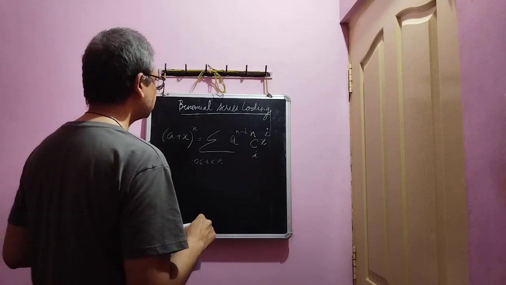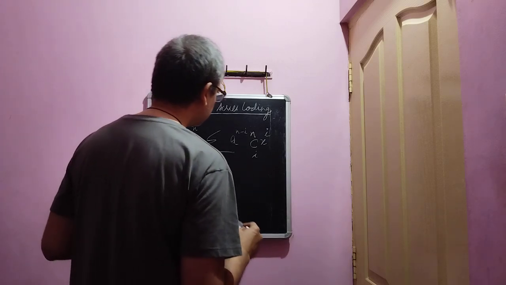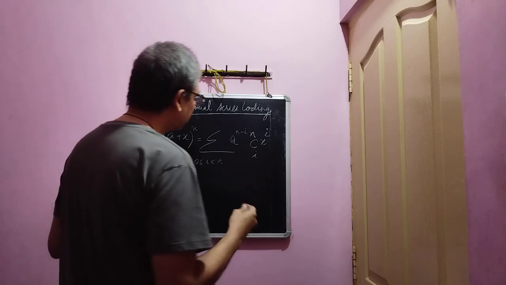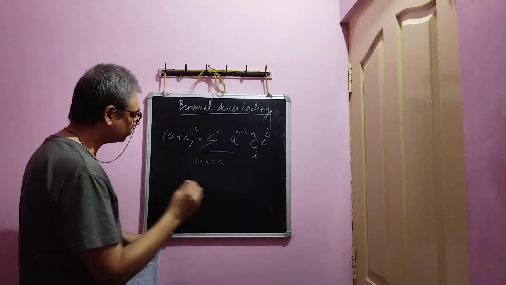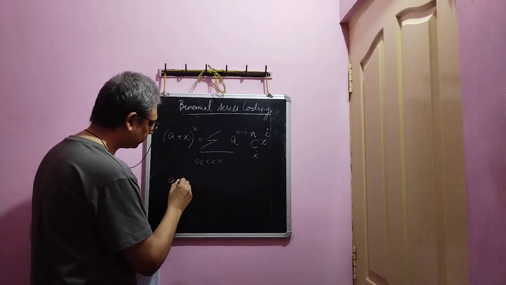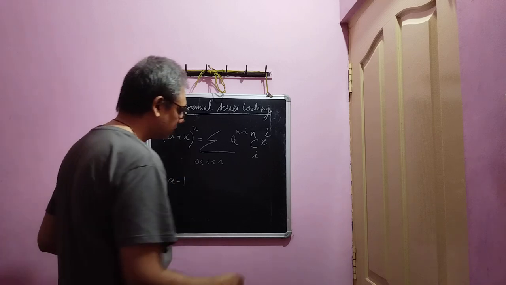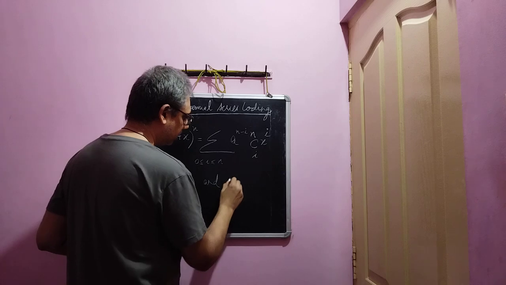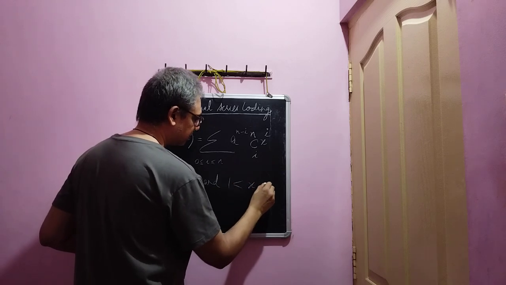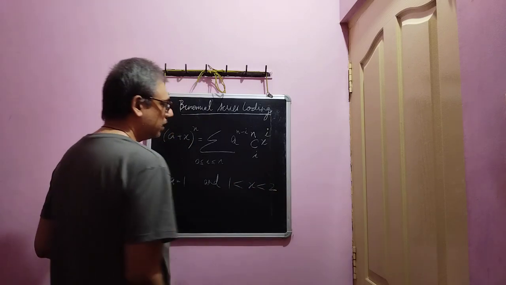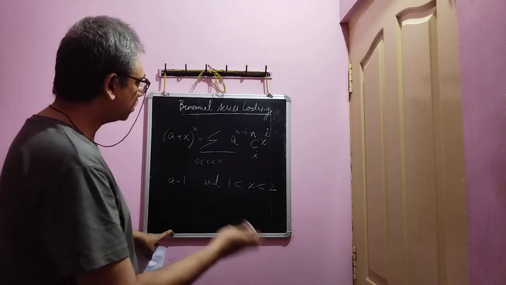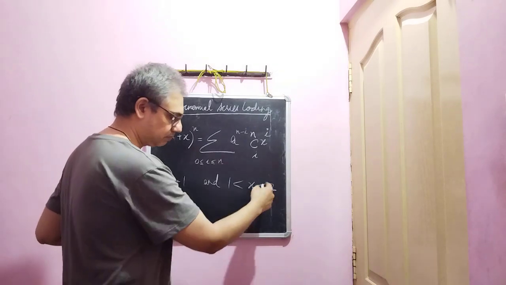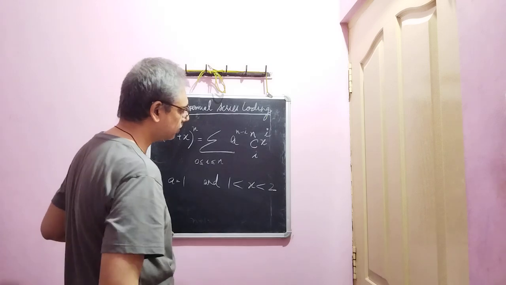This is the general form, where n is an integer only. Now we are only interested in this particular binomial series for which a is equal to 1 and 1 is less than x less than 2. In fact, the objective will be to determine a fairly optimal value for x, which is even slightly less than 2.